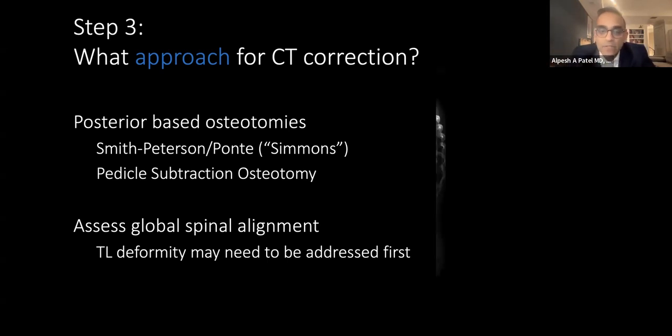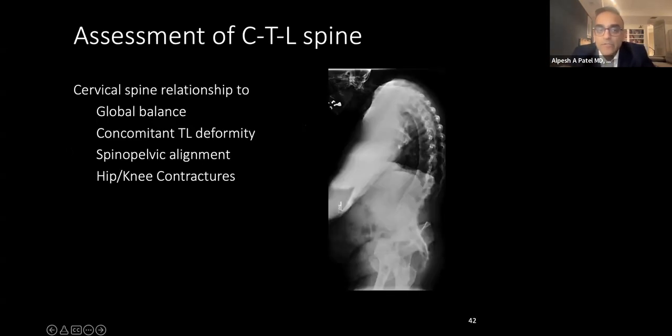And then not to forget to also look at the entire thoracolumbar spine. So I think even if we see somebody for a cervical deformity, we're going to try to get full length cervical thoracolumbar films on them to look at global balance, to look for any concomitant thoracolumbar deformities, as well as to get a gauge for where they are with regards to their hips and their knees and their lumbopelvic alignment.